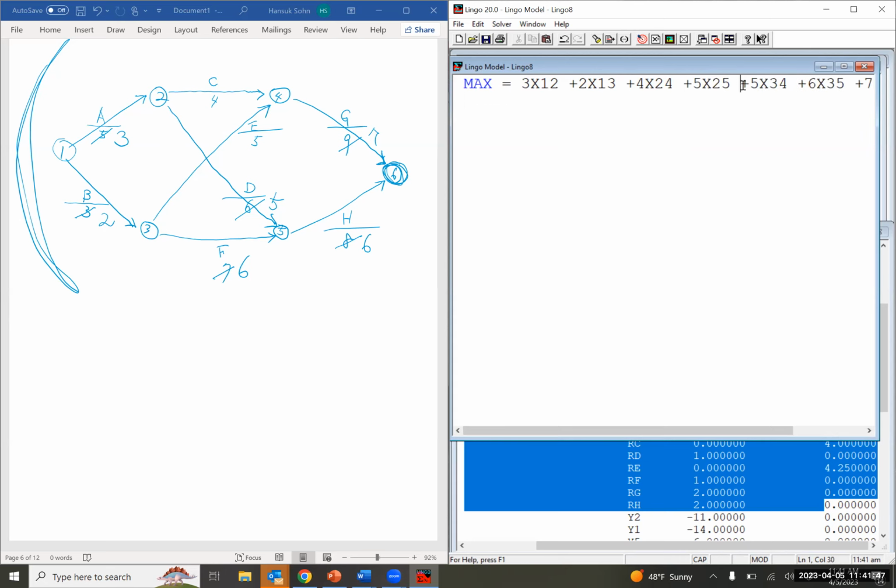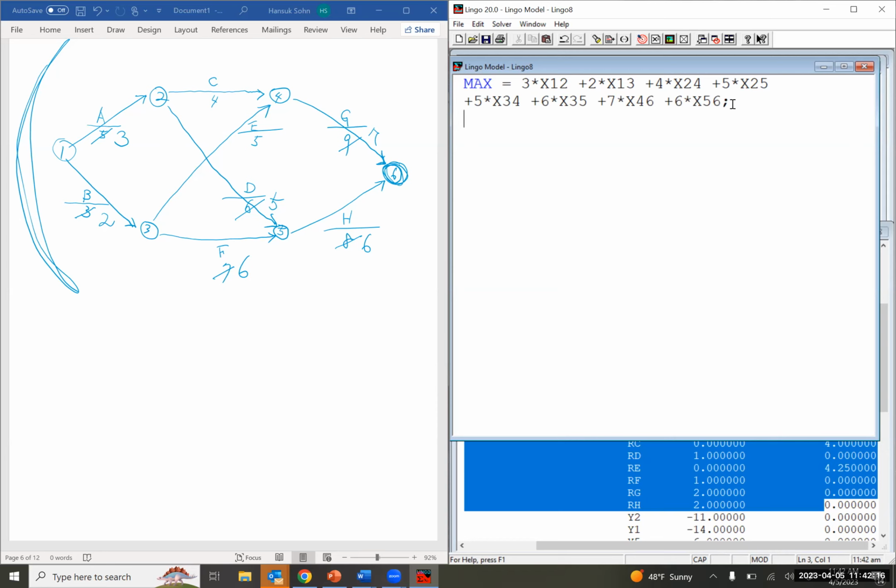Okay, again, I need to include asterisk symbol here. Okay, now our objective function is done.